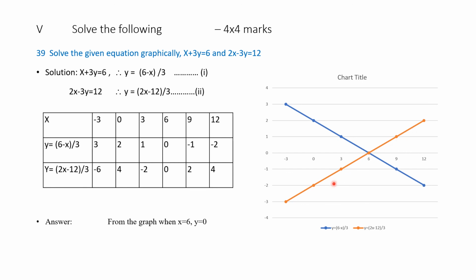So this is the line for that. Therefore, from the graph, when x is equal to 6, y equal to 0 is the value.